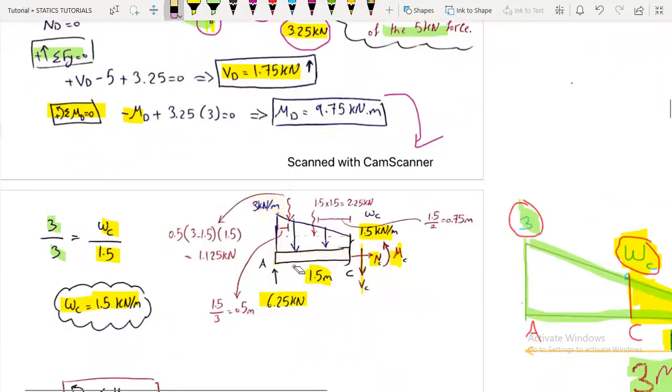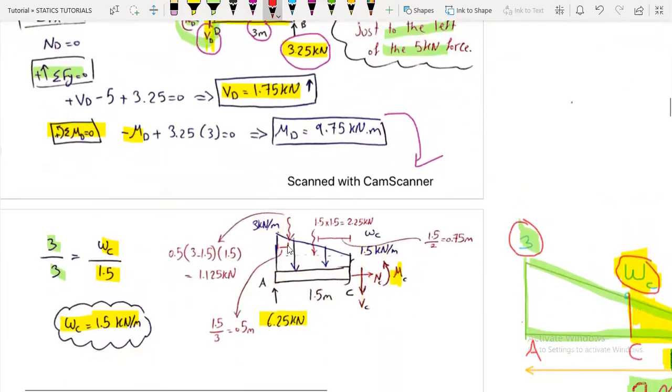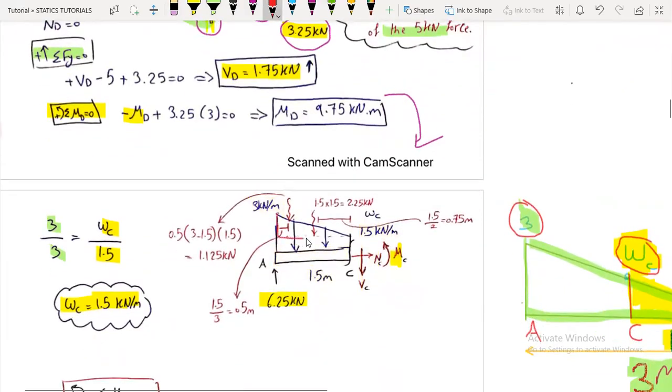And I have this triangular one, where the height is 3 minus 1.5, which is 1.5.